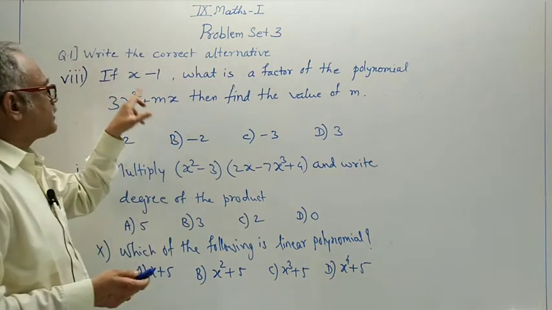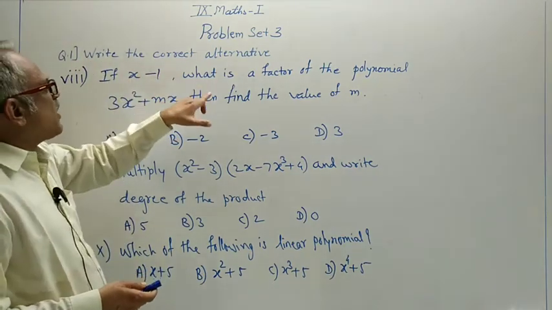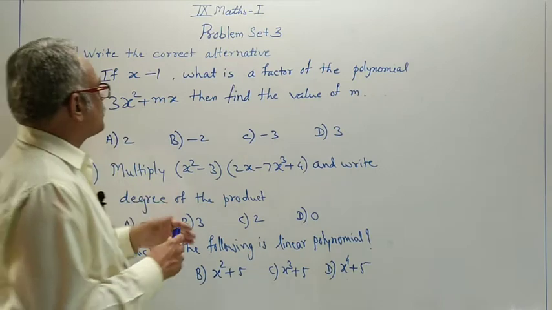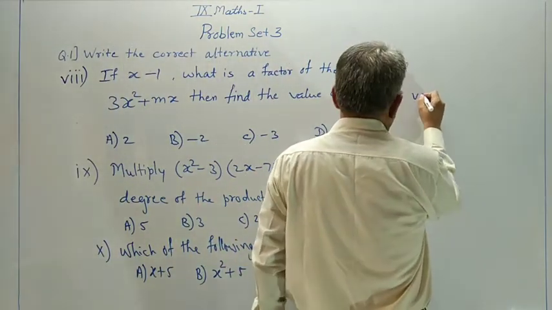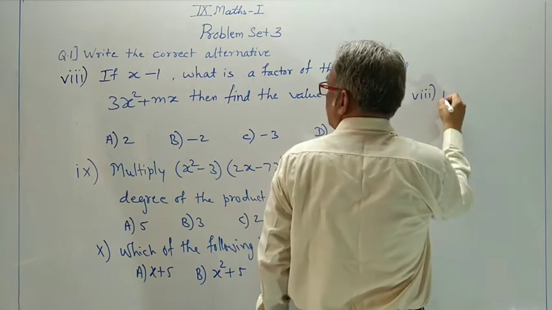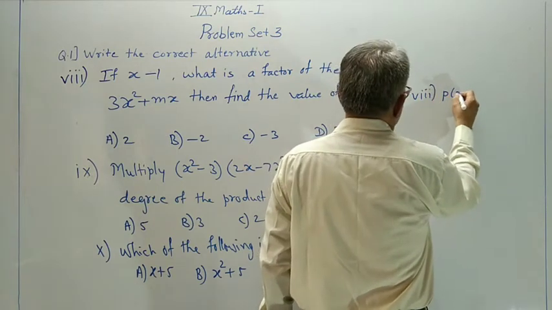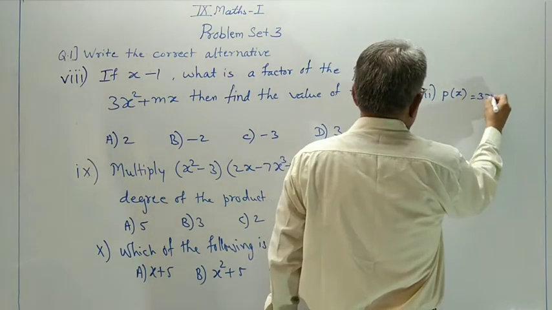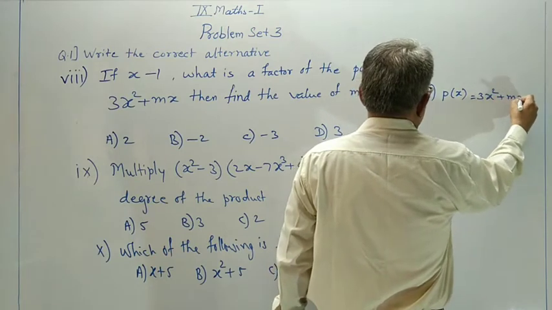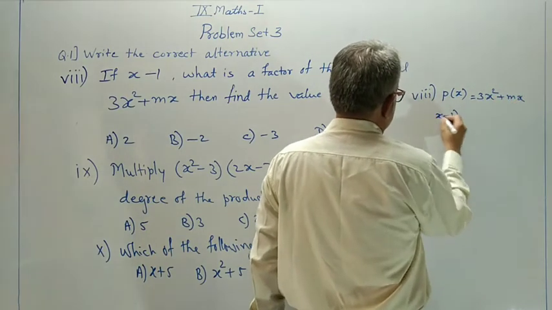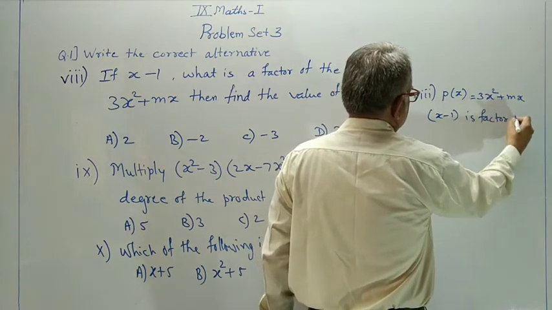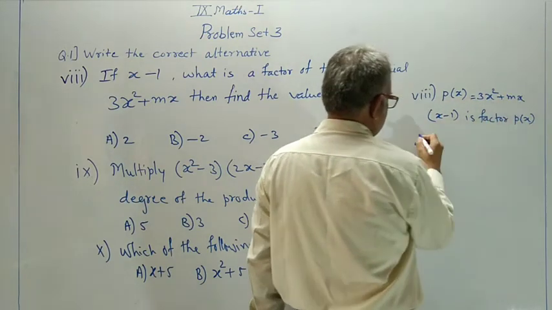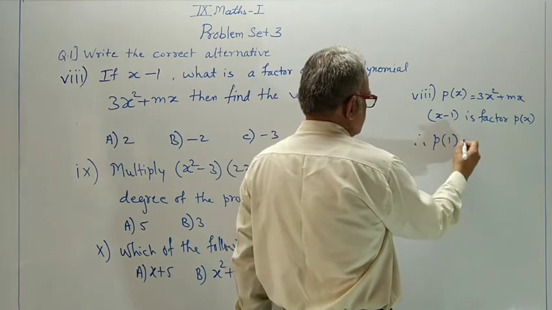Then by the factor theorem, for x equal to 1, the value will be 0. Let me do rough work here. P of x equals 3x square plus mx. x minus 1 is a factor of p of x. Therefore p of 1 is 0.